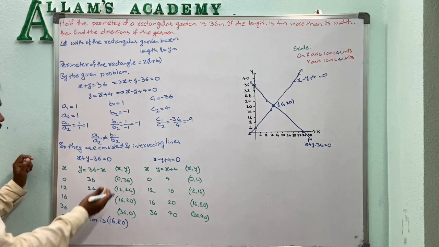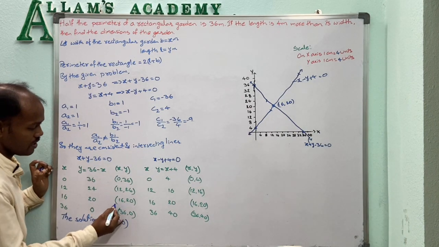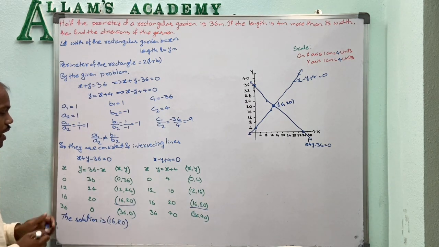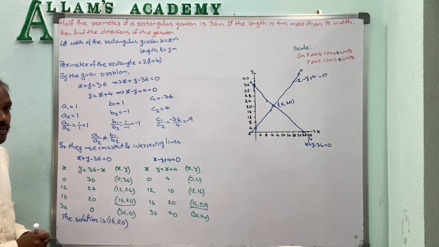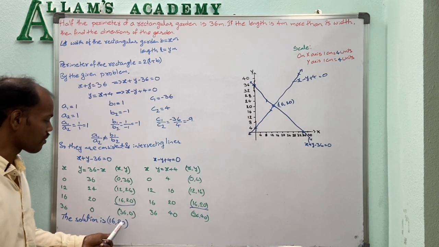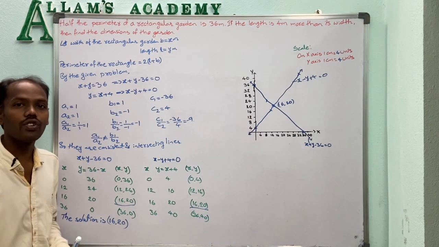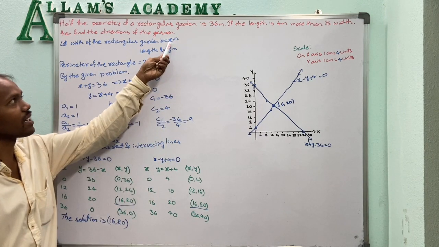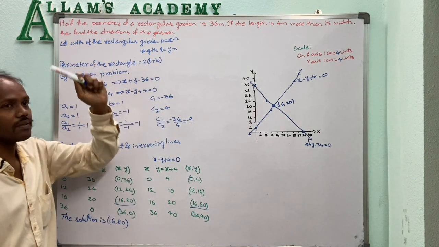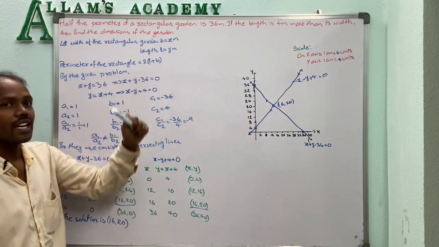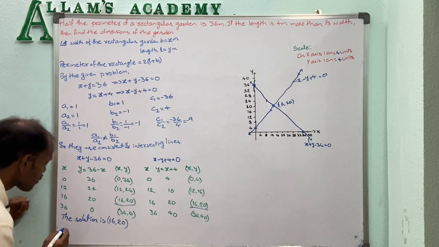Here 16, 20 is the common point. Now 16 represents the x coordinate and 20 represents the y coordinate. So 16, the x coordinate, is the width of the rectangle, and 20, the y coordinate, is the length of the rectangle.